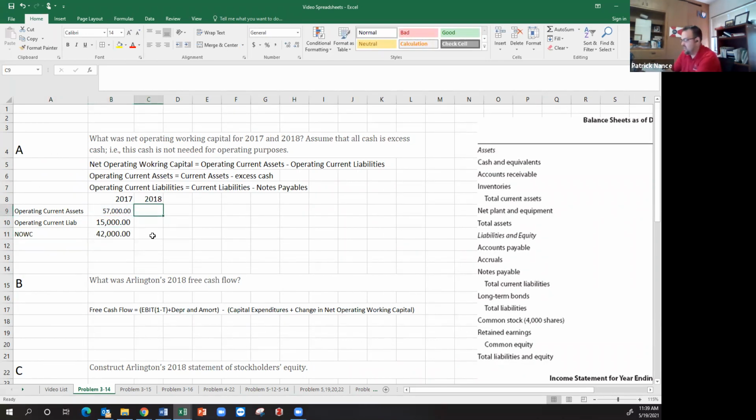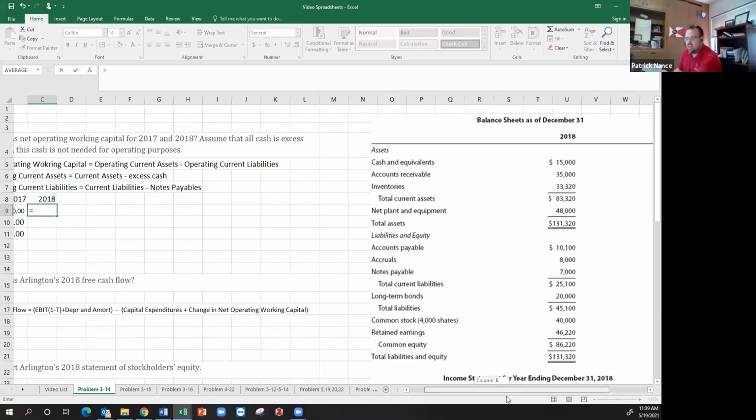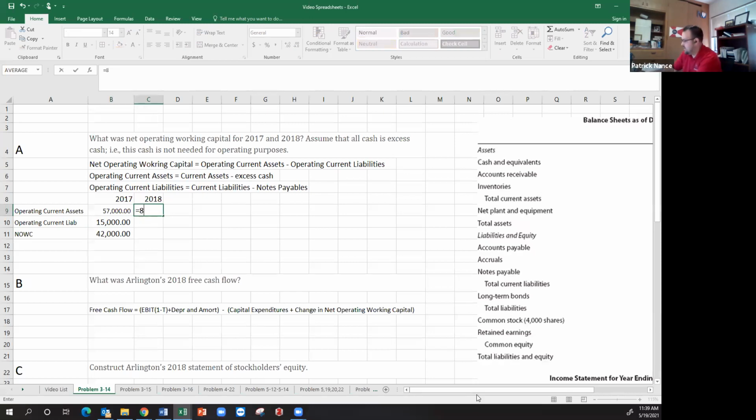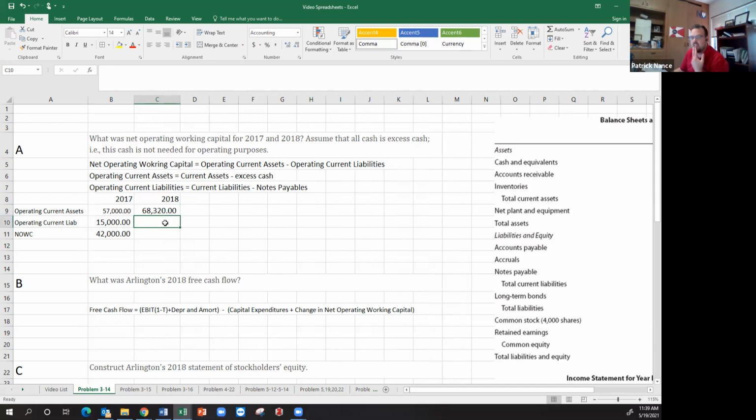I can do the same thing for 2018. So my current assets is 83,320 minus my excess cash, which in this case is 15,000. And that gives me 68,320 for my operating current assets.